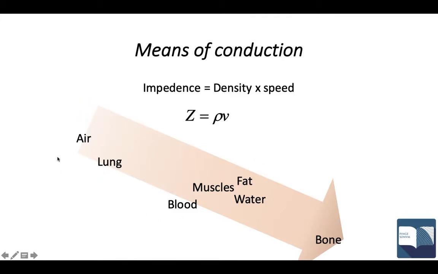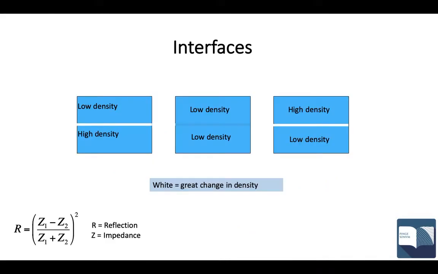The more density means more speed of conduction and means more impedance of the tissue. So we must know that the limit between two different tissues with different density has a different representation in ultrasound.